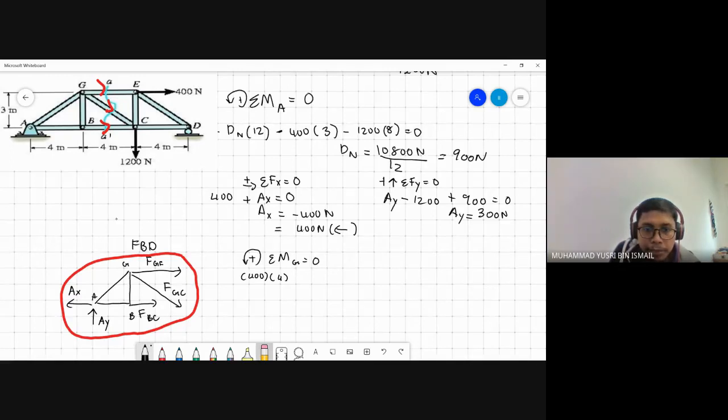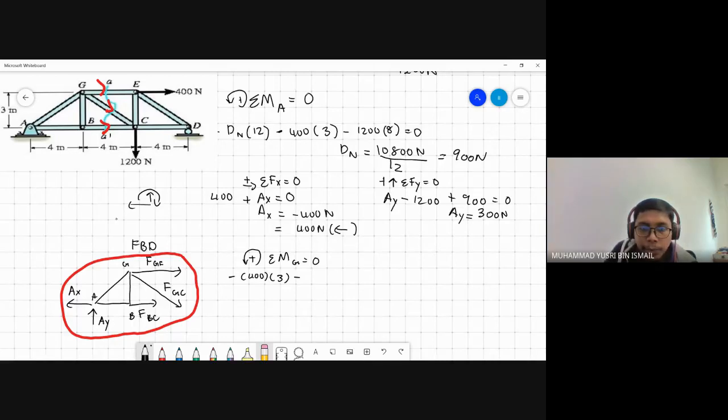Sorry, it must be 3 because it is perpendicular. So AX times with 3 is in anti-clockwise direction, so negative.